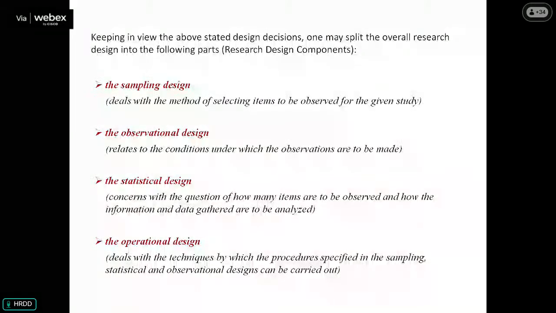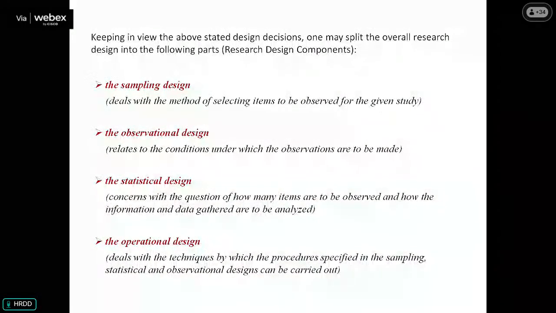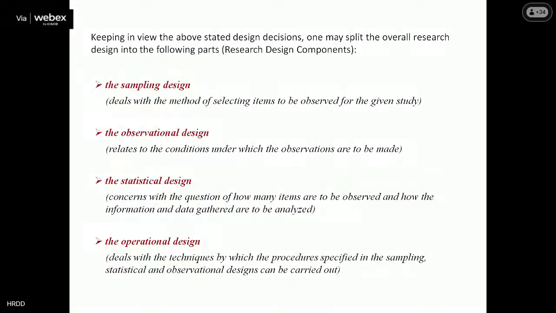I told you statistical analysis you have to do of your data, whether it is accurate or not. All those statistical analyses will be done by Remia madam. The operational design deals with the techniques, the research methods you will use, by which the procedures specified in the sampling and observational design can be carried out. So you have to do all those 4 designs to arrive at the whole research design.